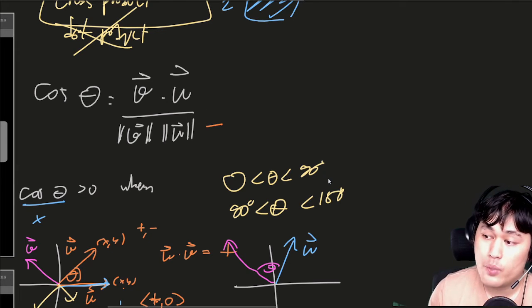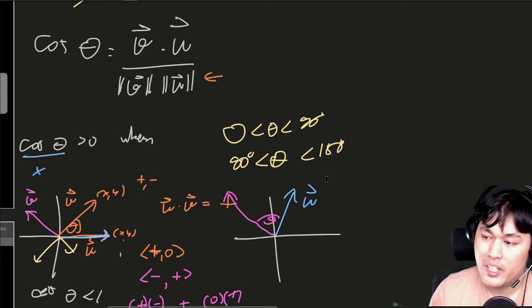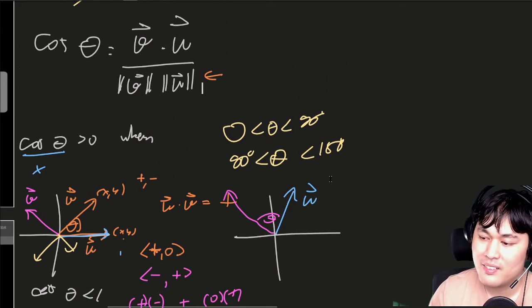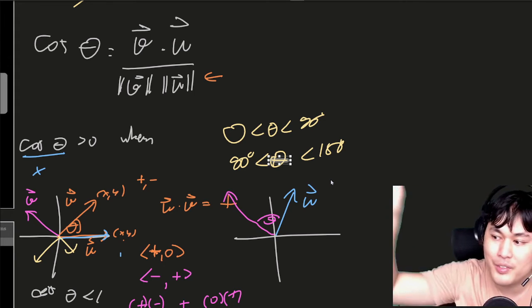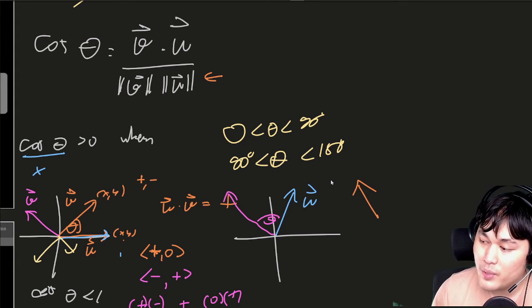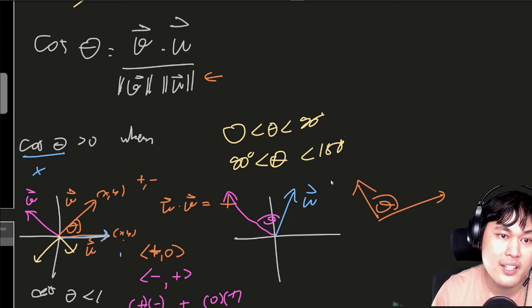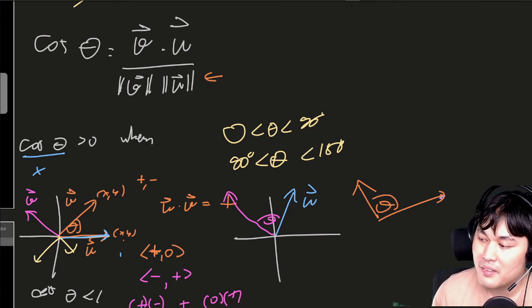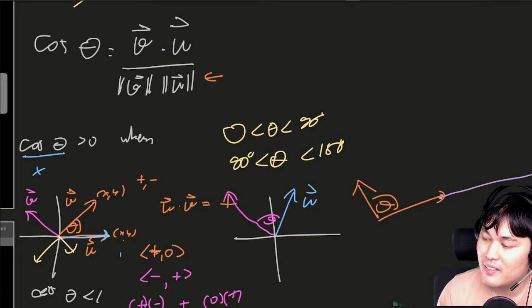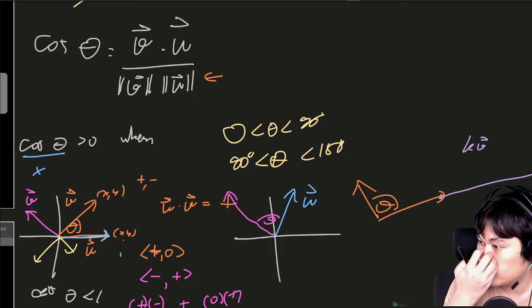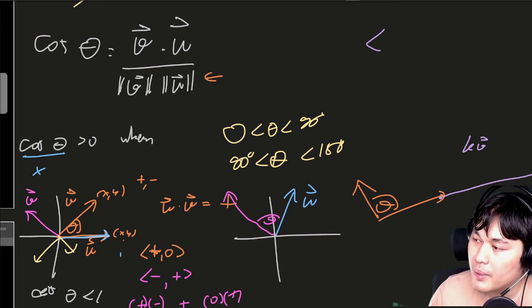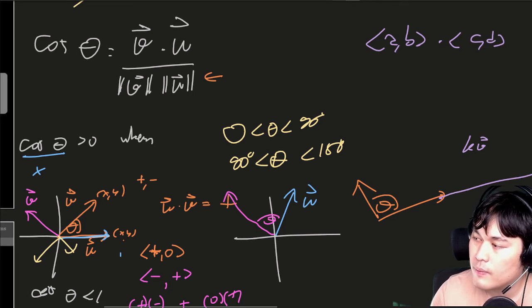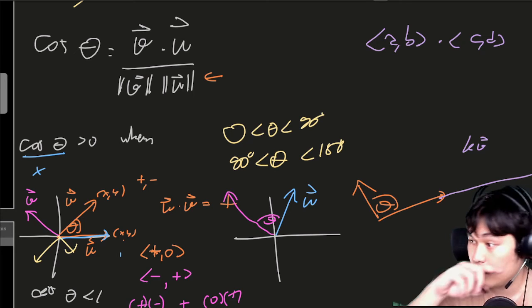And why do we have to divide it by the size? Well, because if we don't, notice that the numbers will just blow up forever. If you have two vectors that have some angle theta, and you just increase the size, like scale some vector up, then you can see that the dot product also increases. Because if you have (a, b) dot (c, d), that's the original vector.